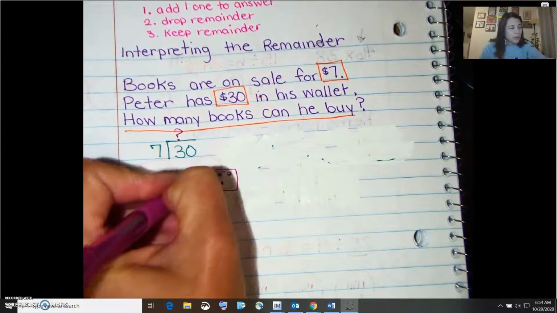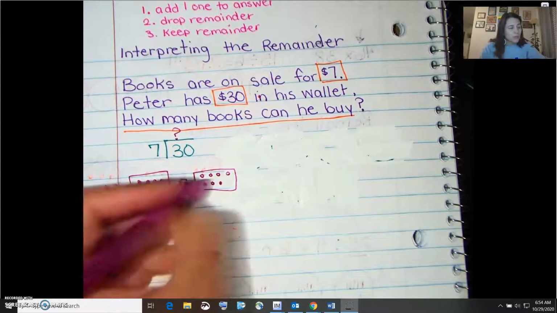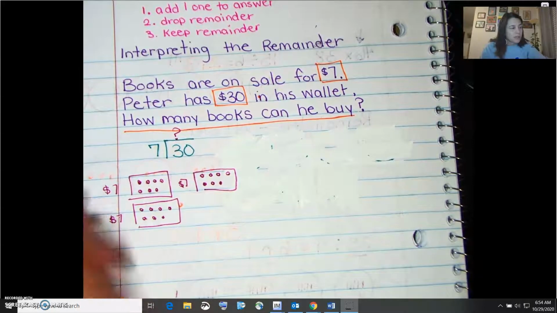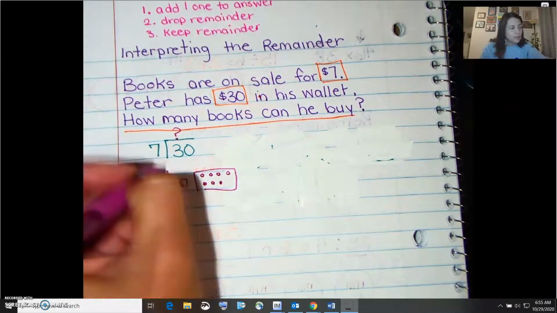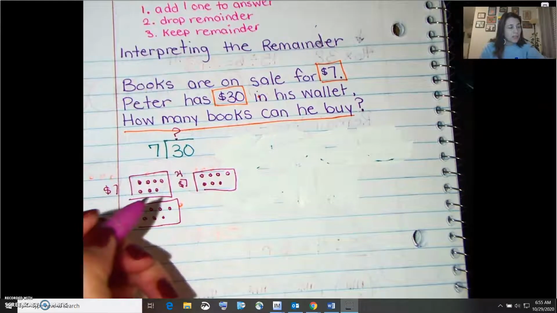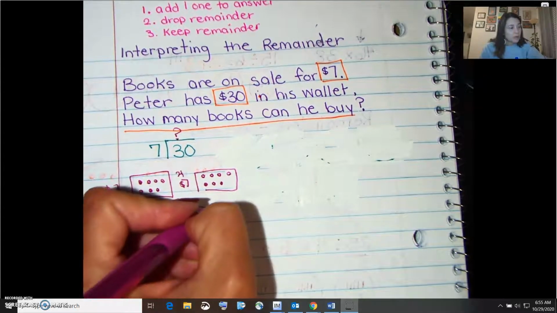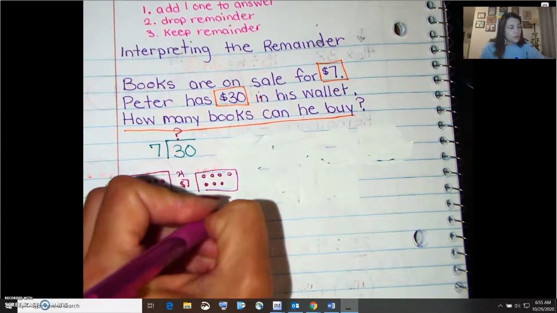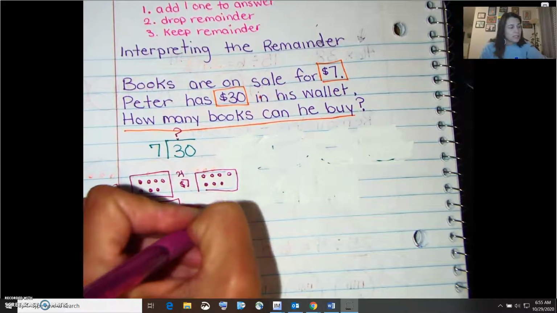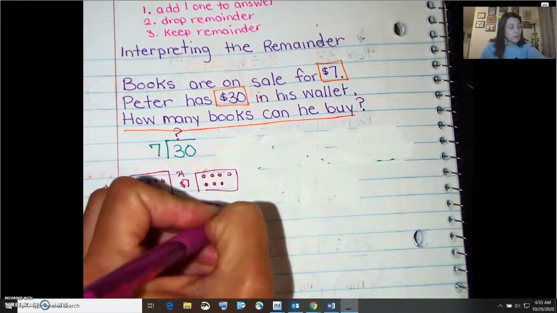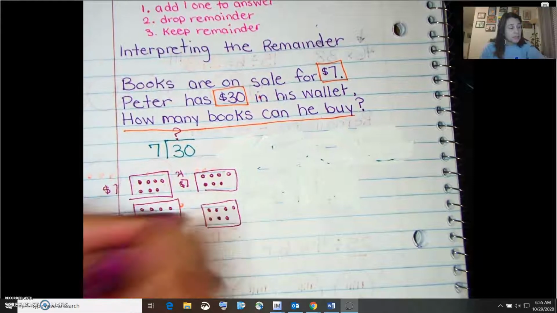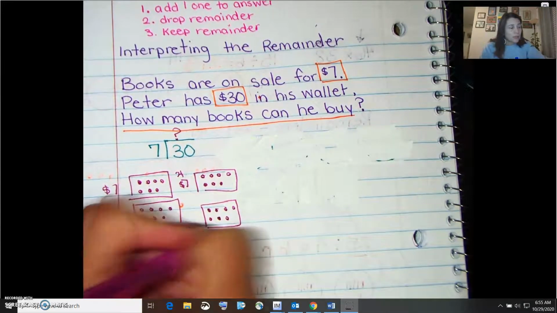We're at another book, so that's 1, 2, 3 so far. 7, 14, 21. Let's see if we have enough to buy another book. 22, 23, 24, 25, 26, 27, 28. And then we have 29, 30.